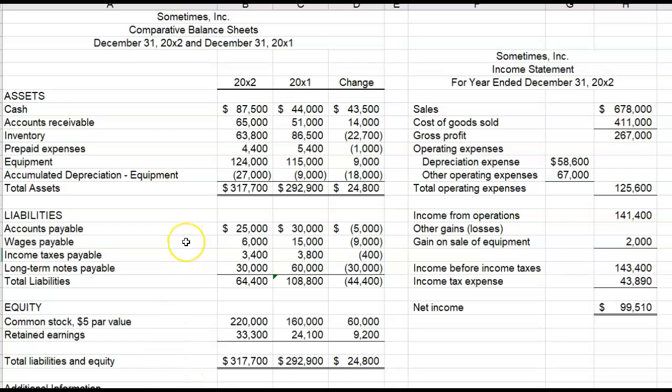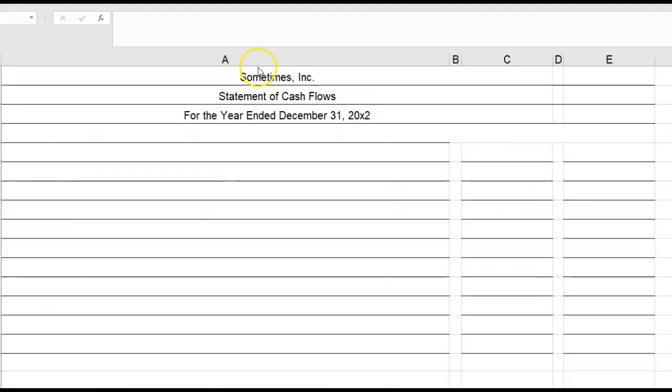So I want you to pause the video, put in your 3-line heading on the lined paper, and then prepare your cash flows from operating activities. When you finish your cash flows from operating activities, start the video again to check your work.